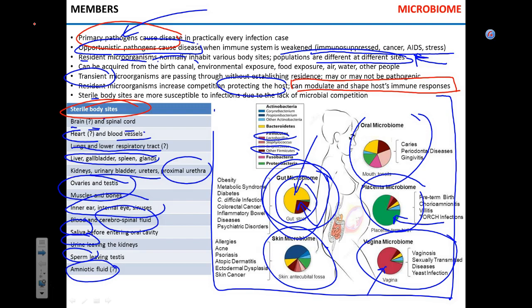Members of the human microbiome like Streptococcus agalactiae can enter the baby's bloodstream, end up in the brain, causing meningitis. There you go. Sterile body site, no competition. It's a life-threatening disease. So sterile sites are more prone to disease than sites with the microbiome.